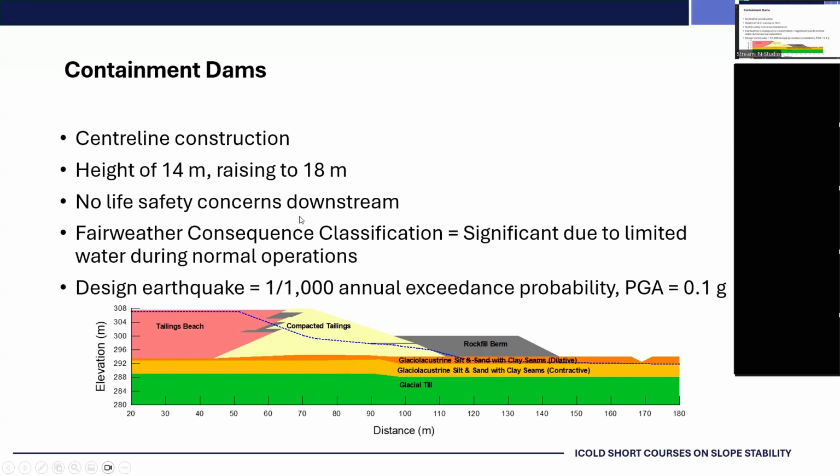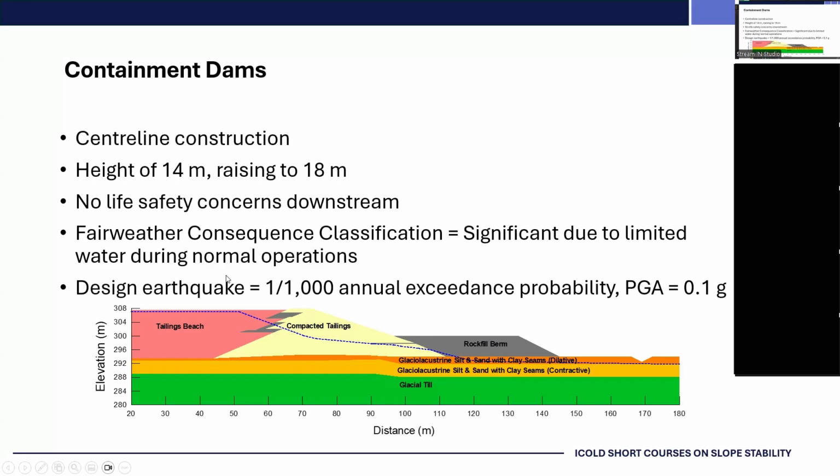As I said earlier, we have no life safety concerns downstream, and our fair weather consequence classification would be significant. And that's because if it were to fail, there would be a run out of the tailings beach, but the run out would be limited during fair weather or normal operating conditions. The pond is well away from the crest, and we wouldn't lose a pond.